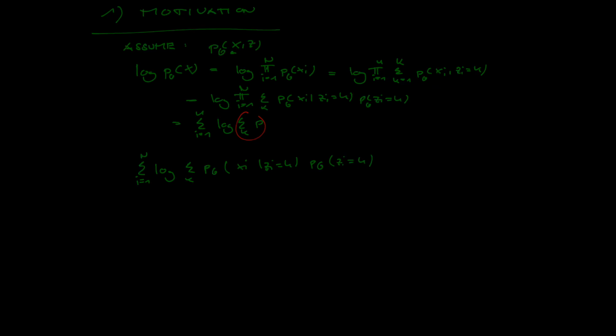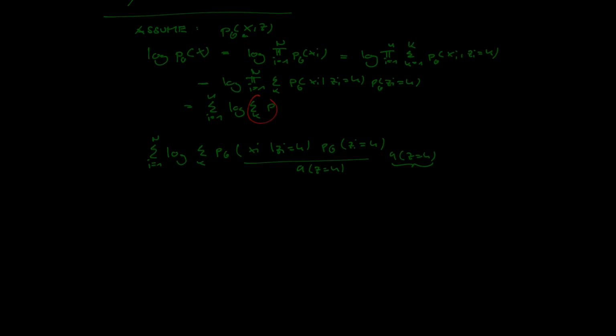And now what they do is they propose some kind of distribution q over z_i equals to k, and this is now actually an expectation over this term here.